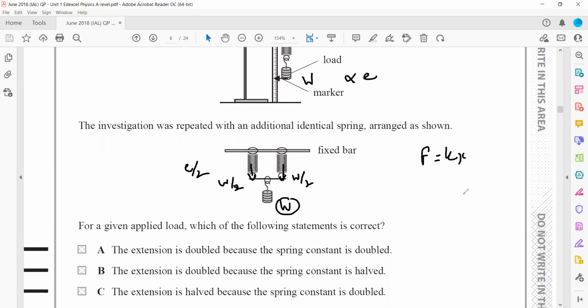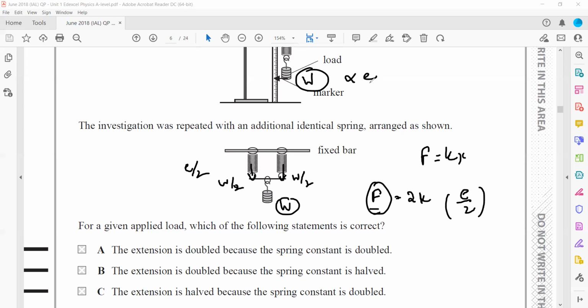So if the extension is half, extension is divided by 2, what should happen to the spring constant? It should be double, because we should get the same value of the force. As I mentioned, for the same load, we are not changing the load. So if we connect two springs side by side, the weight will divide between the two and the extension will be half.